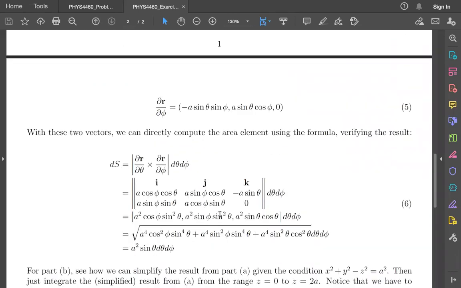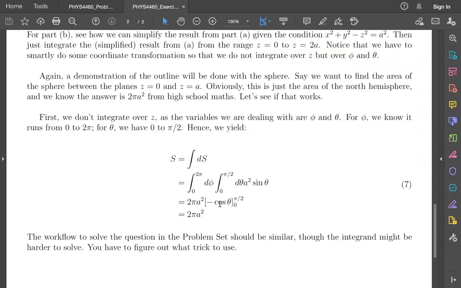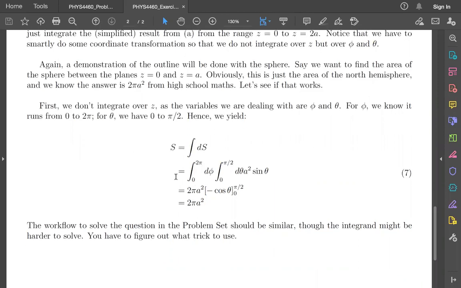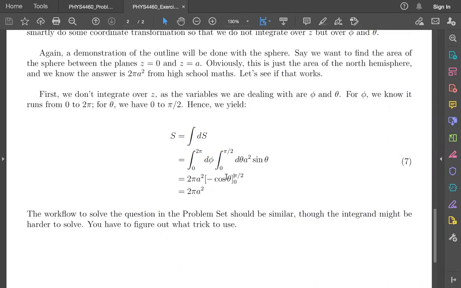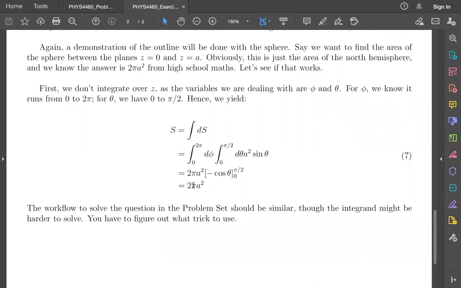In that way, you should be able to get the range of theta here, which is 0 to pi over 2. What follows would be some algebra, which I don't need to spend the time with you here. And the result would be 2 pi a squared, verifying the answer that we know already.